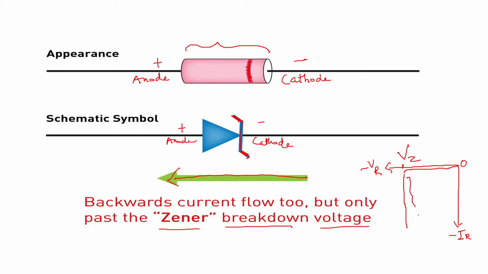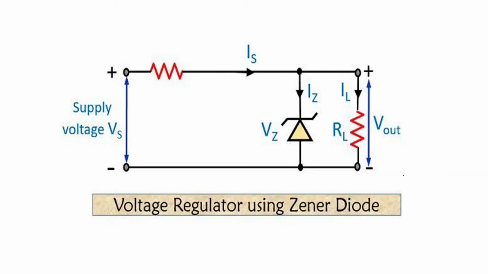This part is your Zener breakdown, and it will be used within certain limits. You will not allow the diode to get damaged, but this is the area which helps you make a voltage regulator. Then we will see how to build up a circuit of a Zener diode as a voltage regulator.